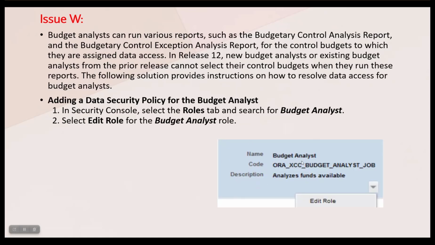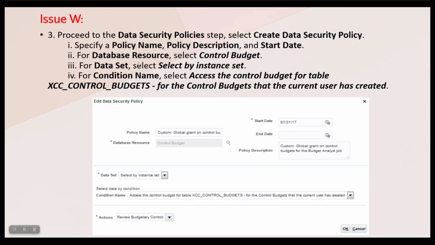Just for the budget analyst role, select edit and proceed to data security policies, select create new data policy, just custom for the data. For database resource select control budget. For the condition name, select data by instance, as you see here, and review budget control.